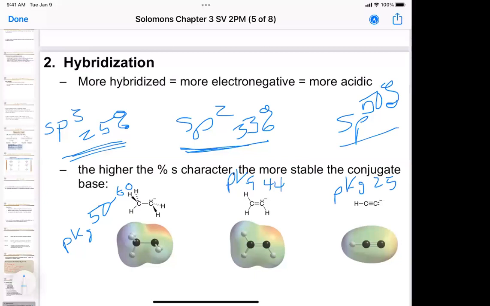Much more acidic. So that hybridization changes the acidity on carbon-hydrogen-based acids. We'll see this trend again in another table.